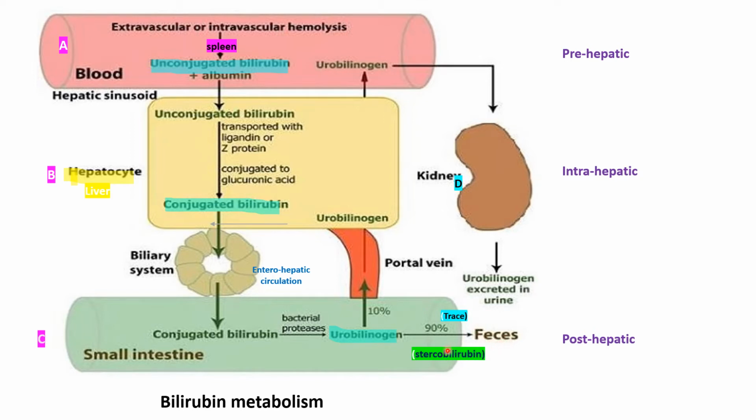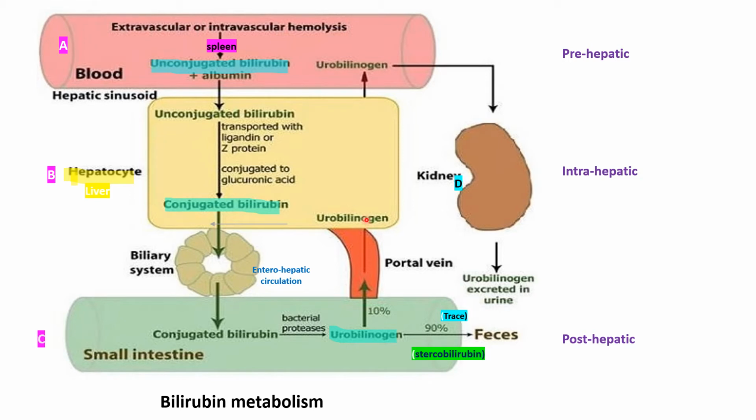It must be noted, stercobilinogen is the chemical that gives feces the normal brown color. A small portion of urobilinogen enters into an enterohepatic circulation between the small intestine and the liver, which is the recycling of the urobilinogen.